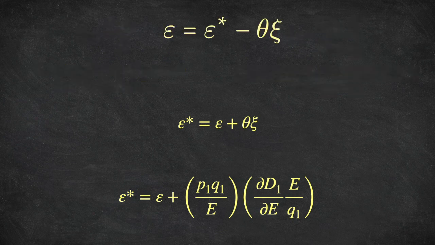If we rearrange this expression in the middle, we get that elasticity of demand is equal to elasticity of compensated demand, so the elasticity of Hicksian demand, minus a weighted income elasticity.